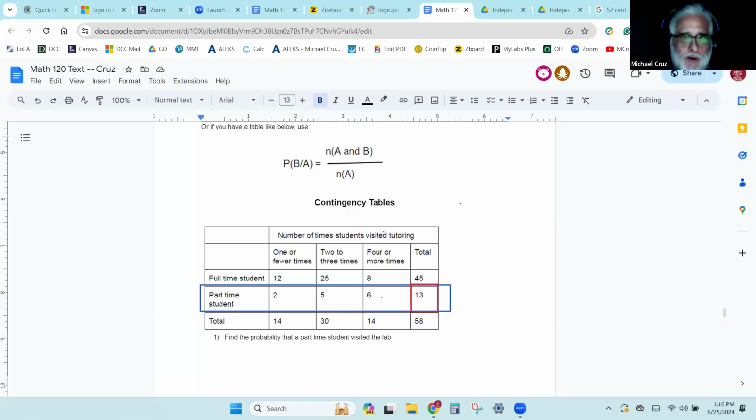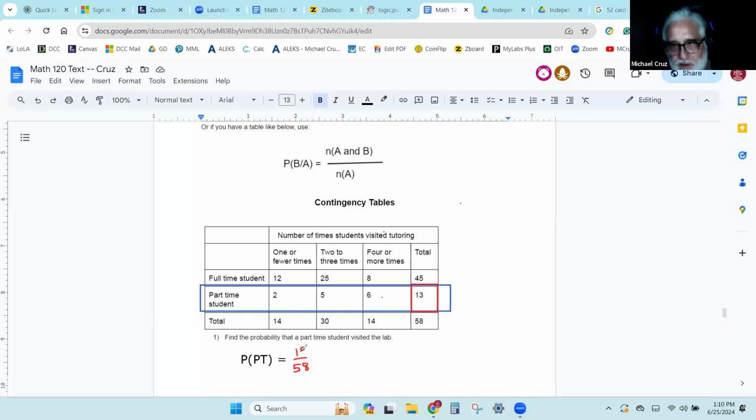So the total part-time is going to be our denominator. I'm sorry. I missed, not my denominator. Our numerator. Our denominator is the total. I'm always thinking ahead to the conditional stuff.